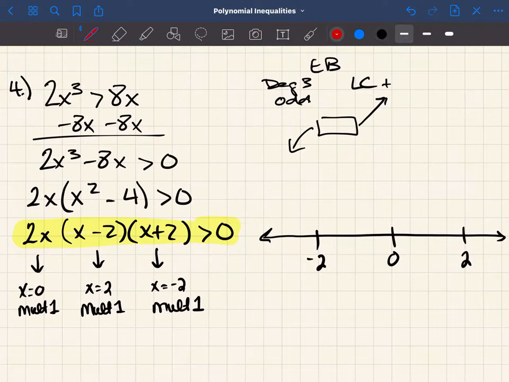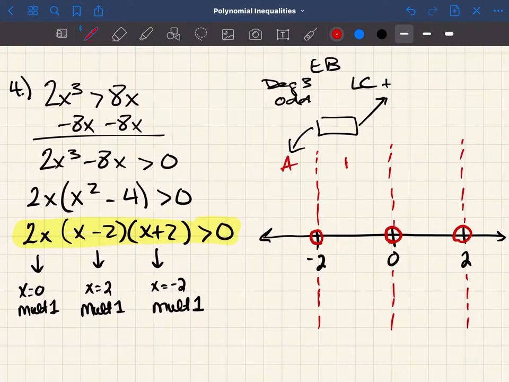So we need to have open circles at each of our zeros. And let's go ahead and create our different sections. So we have section A, B, C, and D.